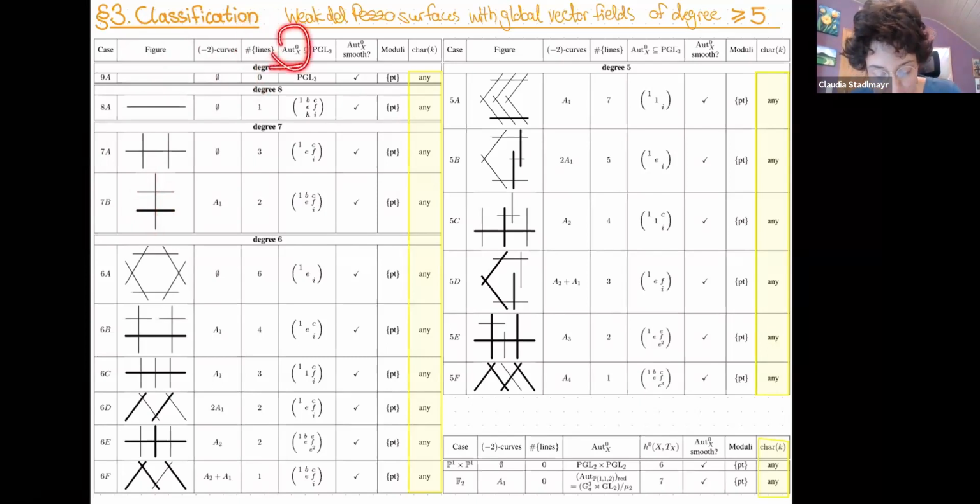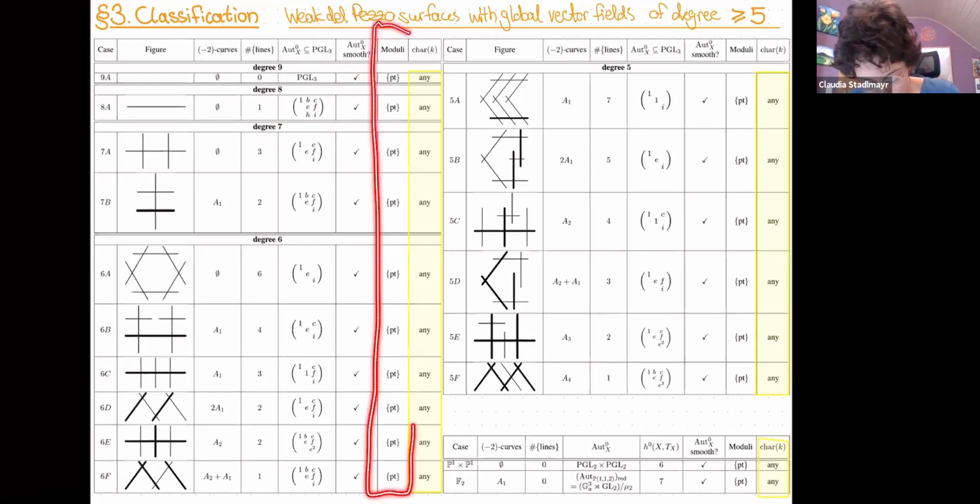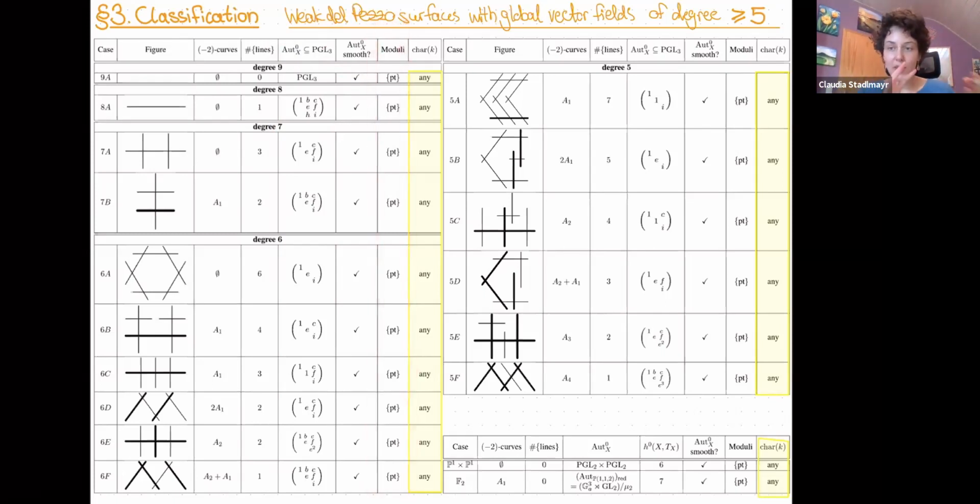Then we determined Aut X^0, which is this column. Of course, this depends on the chosen realization of X as a blow-up of P2. And if you have the precise shape of Aut X^0, you can check whether it is smooth by checking whether it is reduced or not, since that is equivalent for group schemes. And then we have in this column the moduli in which these families occur.